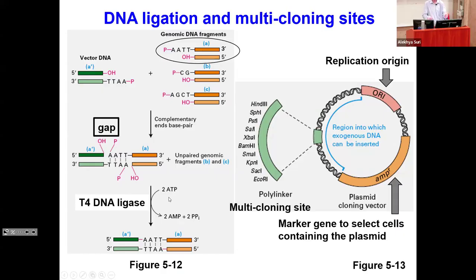You can do different cuts. So it's just for convenience. You want to memorize that the replication origin and the marker gene are necessary. The multi-cloning site is just for convenience, not necessary. So when I say it's important, you know what I mean.